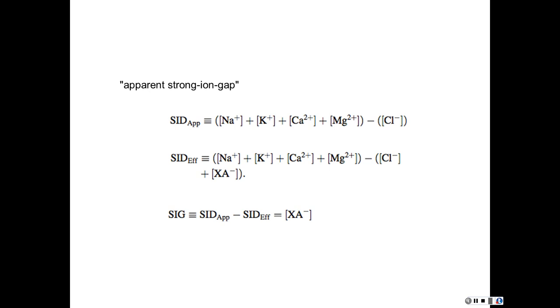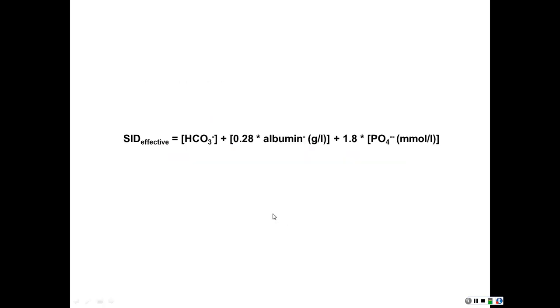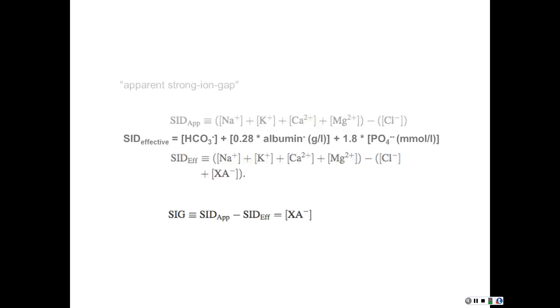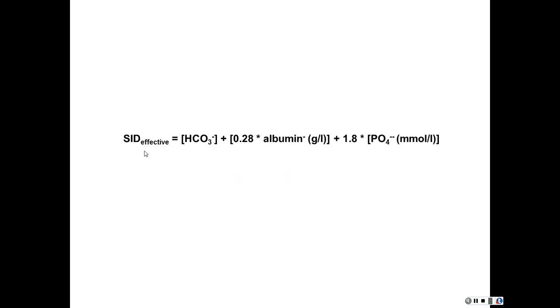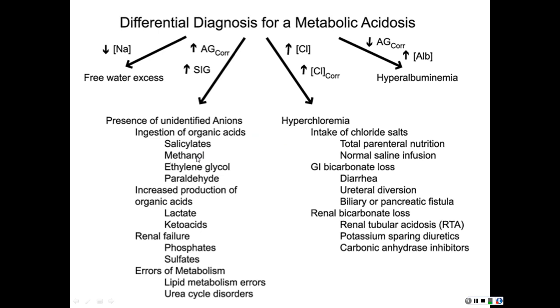And so the difference between those is going to be those inorganic acids. But you can calculate the effective strong anion difference by this calculation here, and then you can compare that to the strong anion difference that's apparent here, and identify different causes for metabolic acidosis. And so they've listed some of these here.